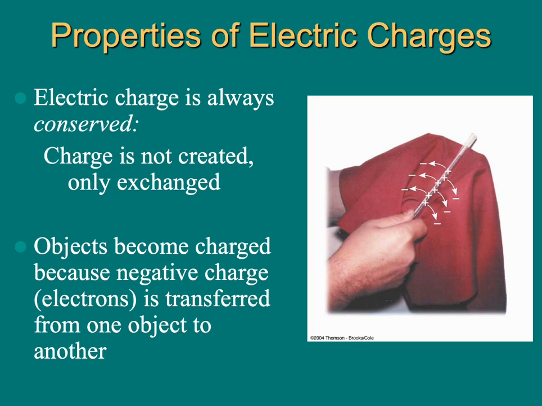Now, we can have electrons move from one object to another object. Then the object that has more electrons will carry net negative charge, or the object that loses electrons will carry net positive charge. That's how we charge an item.